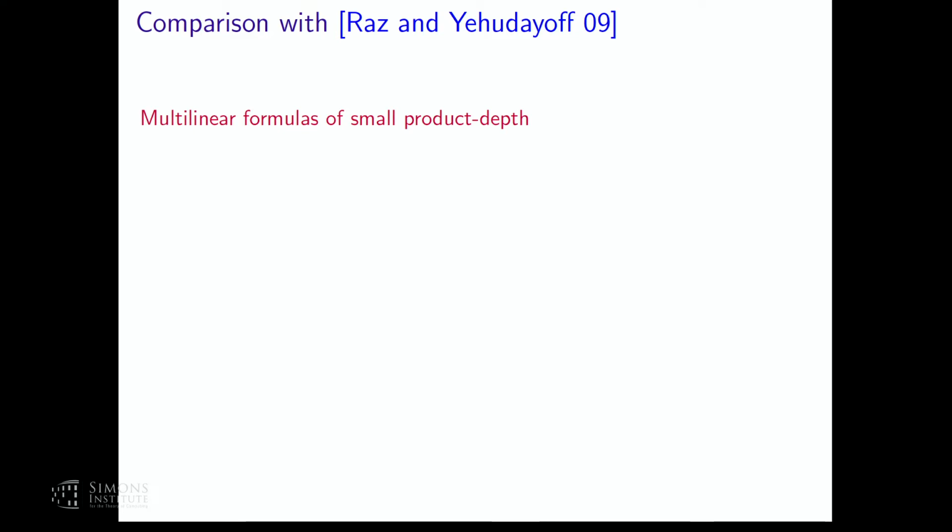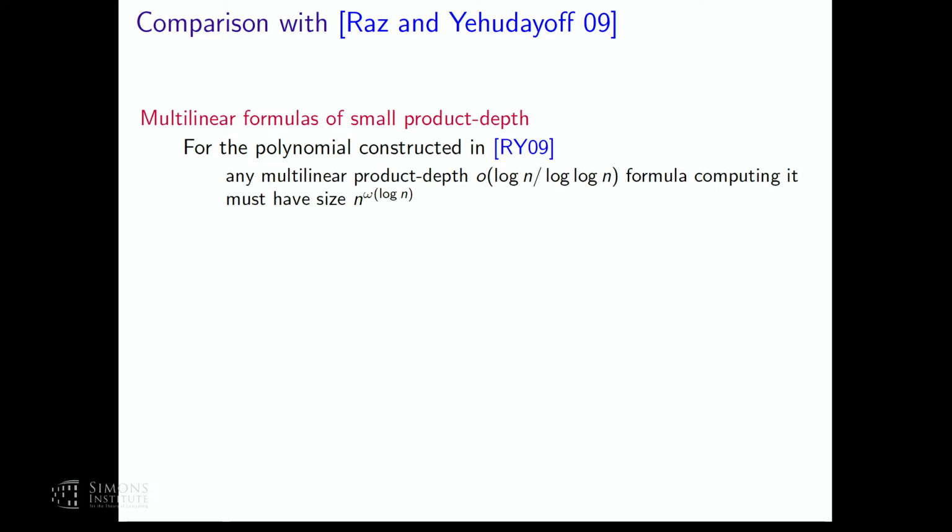So there is something to be said about a subsequent work after the 2008 work of Raz and Yehudayoff, in this paper. It has a close correlation to what I just said.